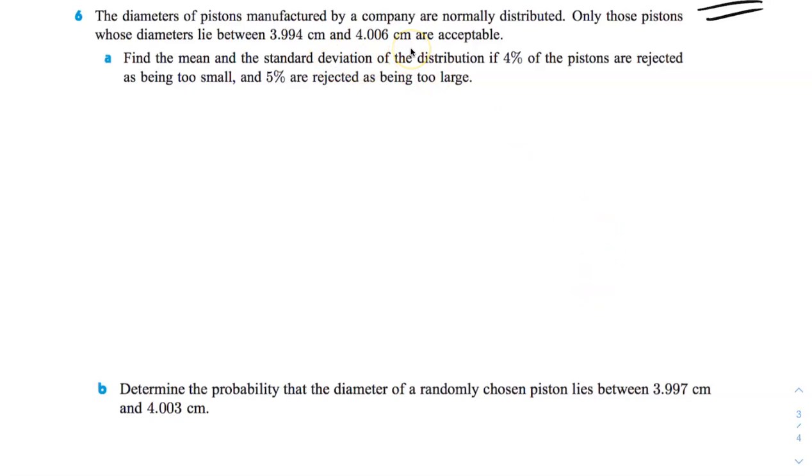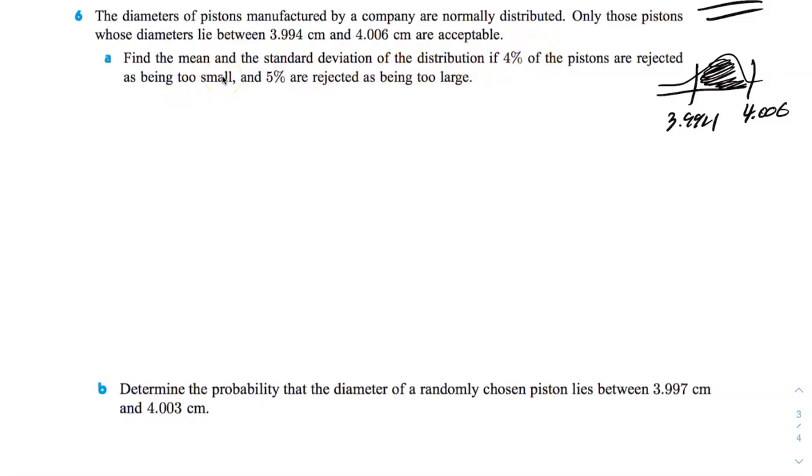So they tell you that, hey, only ones between this and this are acceptable. So you're only good if you're between those two. And then it tells you that 4% are rejected for being too small.